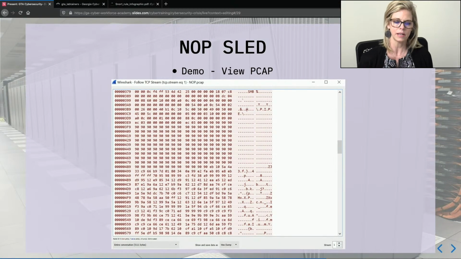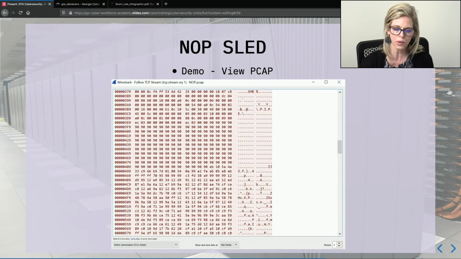Now NOP stands for no operation. So I want to create enough no operation actions, if you'll allow me to say it that way, to overwrite the memory pointer that tells the system, once a system call is made, where to go back to in that area of memory and resume the application or function.